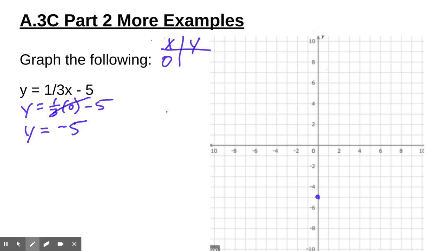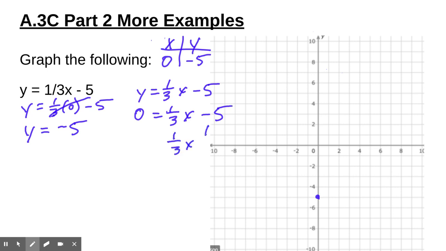Now we'll do the other one. y equals 1/3 x minus 5. And we're going to set y to 0. So y is 0 equals 1/3 x minus 5. So we need to get the 1/3 x by itself. So to do that, we will move this 5.